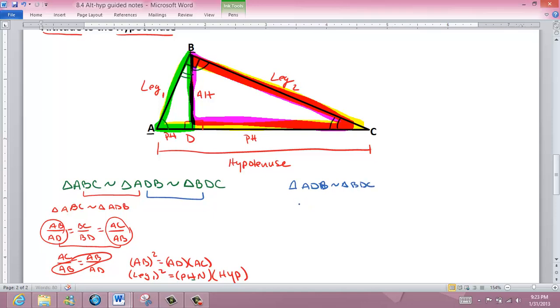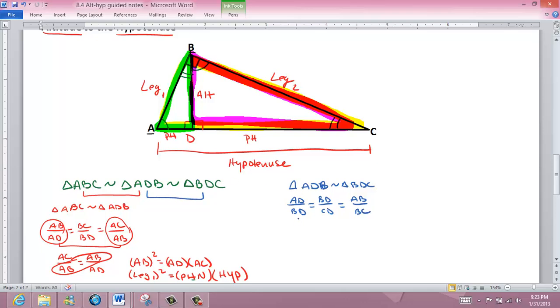Now again, we're going to write the ratio of the corresponding sides, which means the first two in each, AD to BD, equals the last two, and remember I'm keeping it in alphabetical order, BD to CD, which is equal to the first and last, AB to BC.